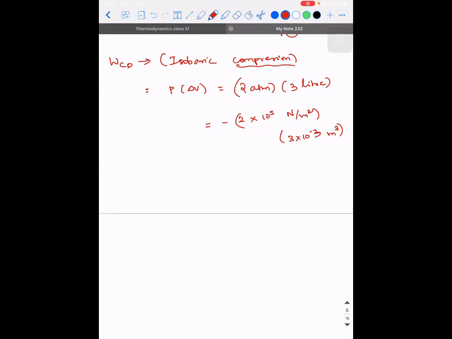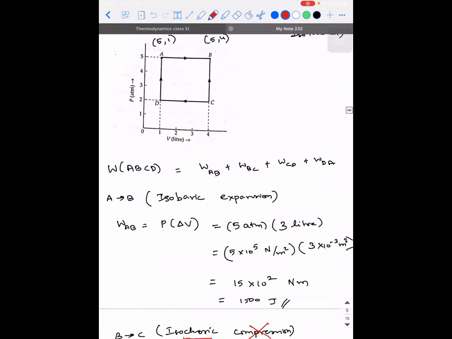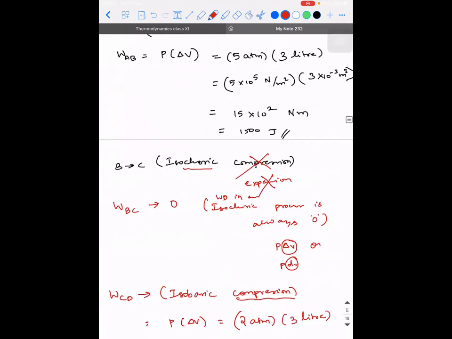It is negative. We need to add the minus sign. Similarly, work done from D to A is what? Zero. Yes.